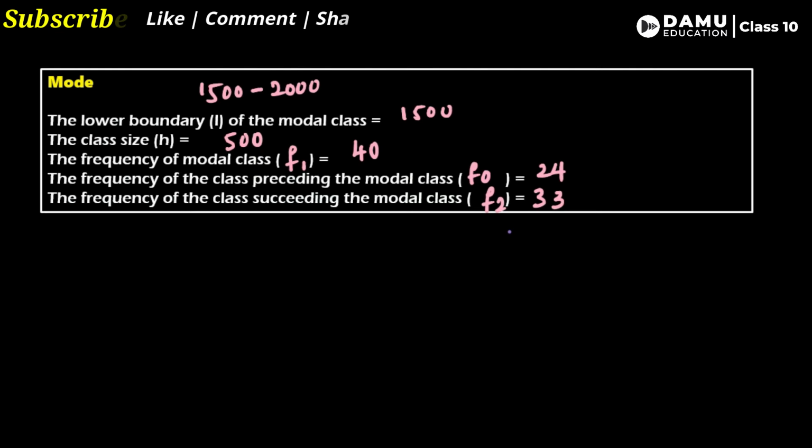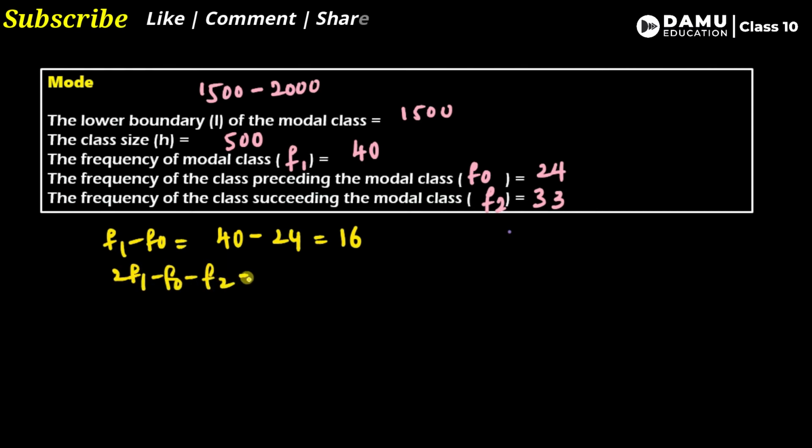So let's find the formula parts. F1 minus F0: 40 minus 24 is 16. Then 2F1 minus F0 minus F2.